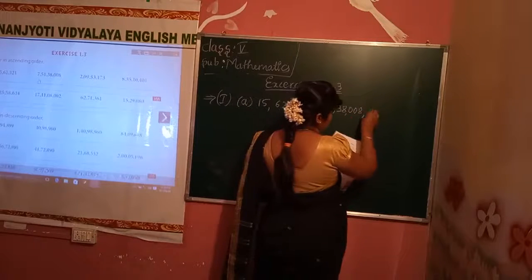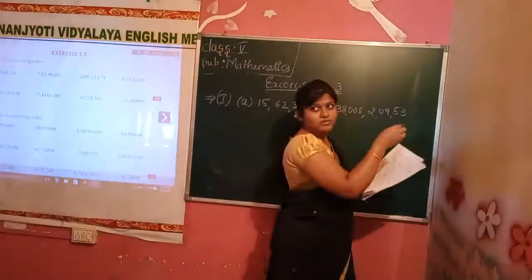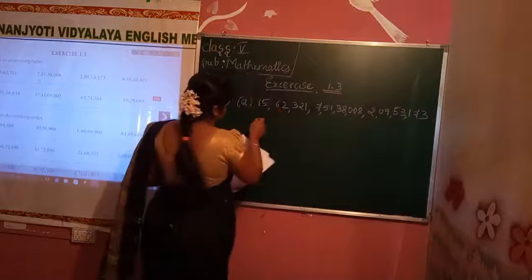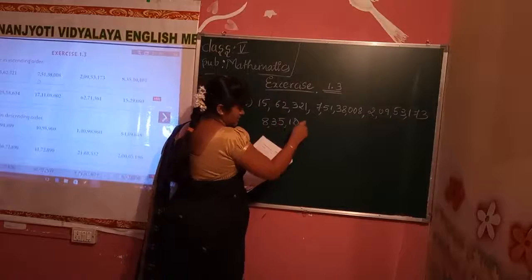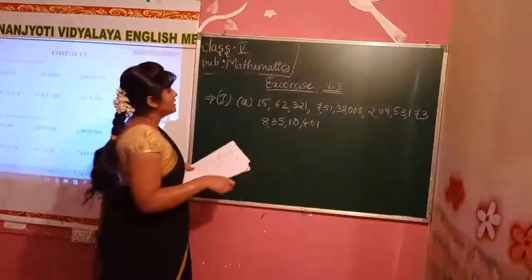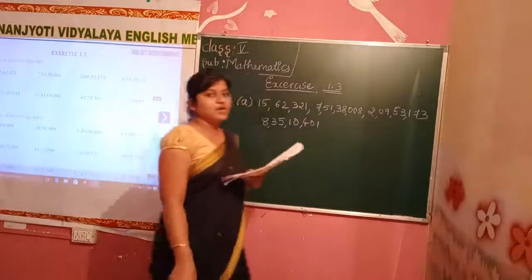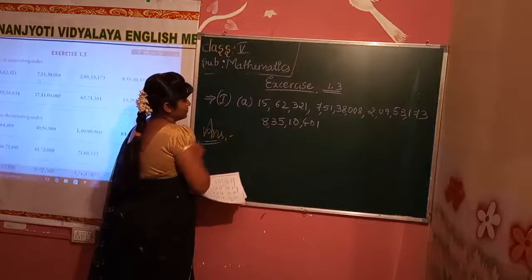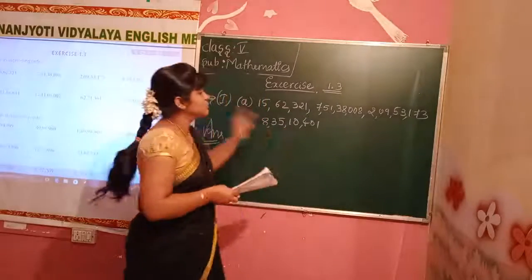Next one, 2 crore 9,53,173. Next number, 8 crore 35,10,401. These are the different numbers they have given. We have to arrange in ascending order. Now tell me which is the greatest in this, which is the smallest in this.